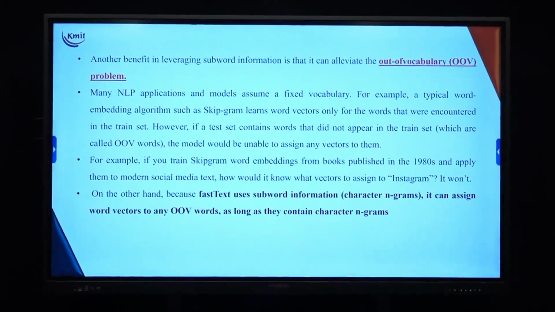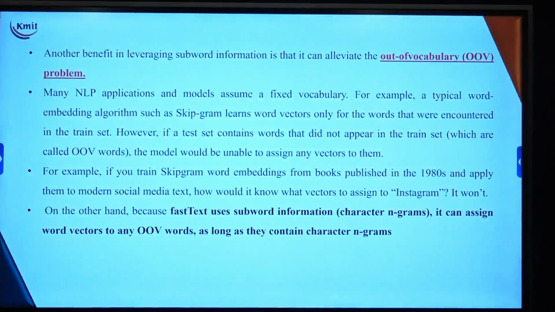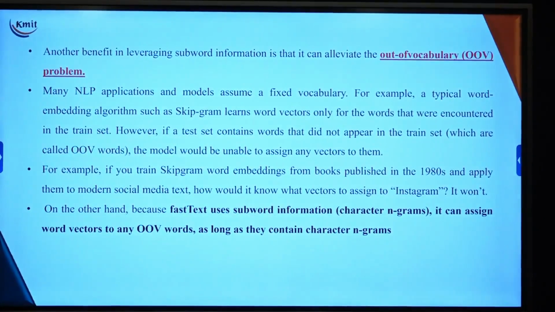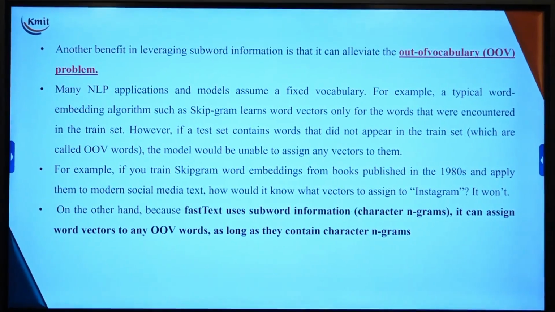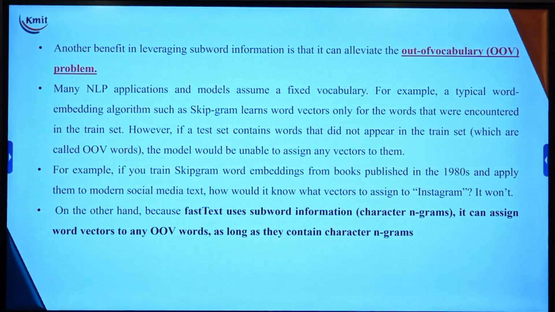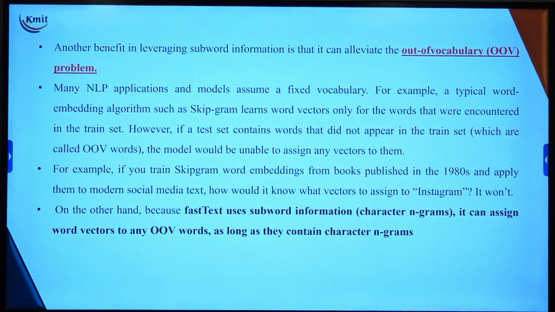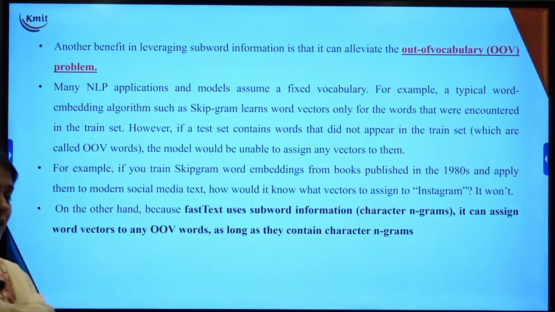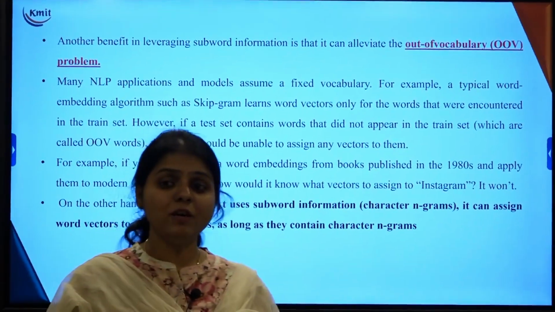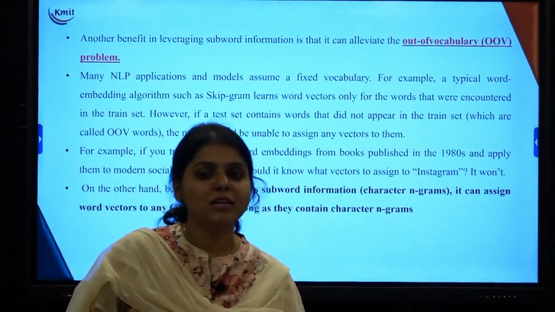Many NLP applications and models assume a fixed vocabulary, that is, a typical word embedding algorithm will be used, whether you use skipgram, CBOW, GloVe or fastText. The training data may be trained on that, but when it comes to test data, we may give words which are not available in the training data.